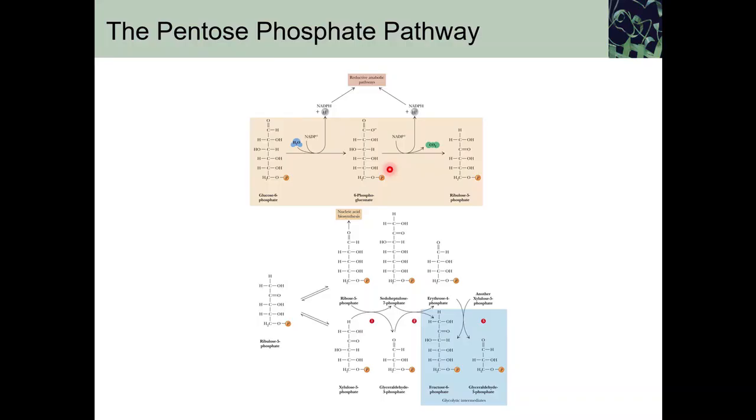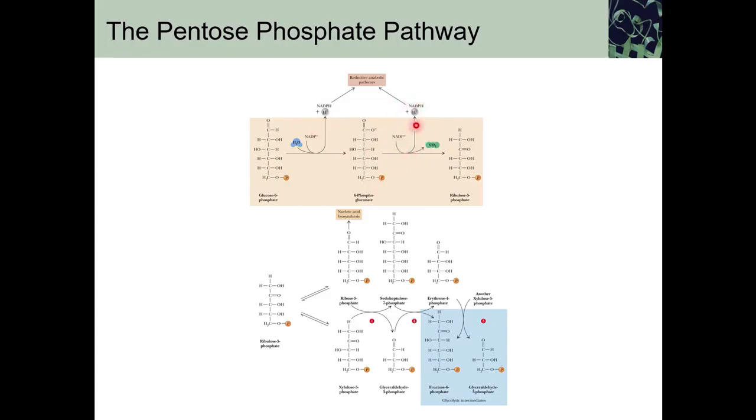The problem is then when you have red blood cells that have deficiencies in glucose 6-phosphate dehydrogenase, because if you have deficiencies in glucose 6-phosphate dehydrogenase, then you won't be able to produce NADPH. Much more, you won't be able to proceed to the next step, which produces another NADPH.